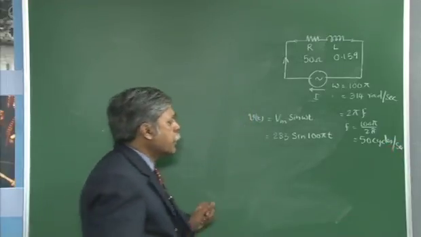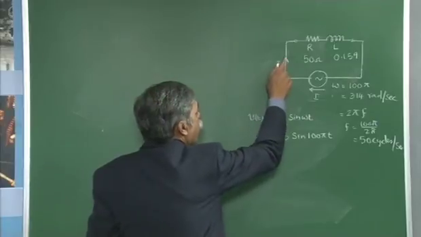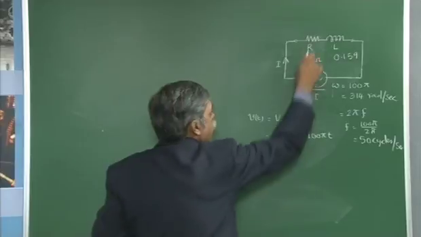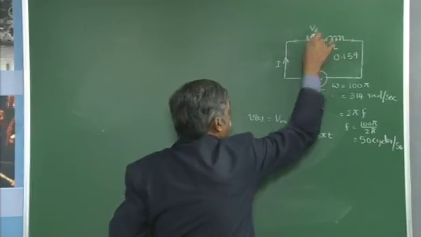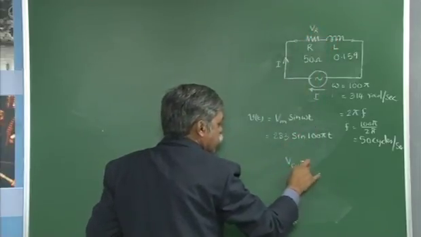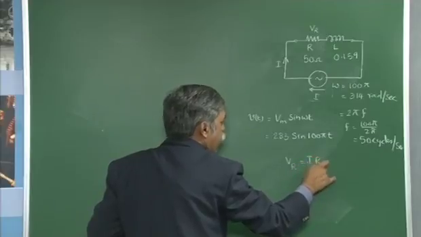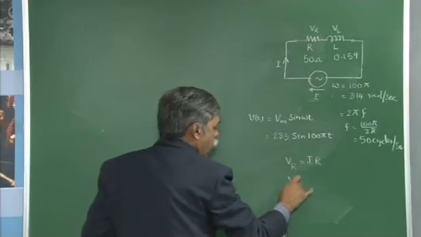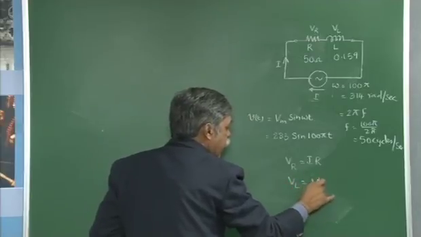Now here you see the current that you have, I, passing through the resistance will give us a voltage drop. If I write the voltage drop as VR, I have VR is equal to I times R. The same current will give you a voltage drop of VL. I write VL is equal to jIXL.